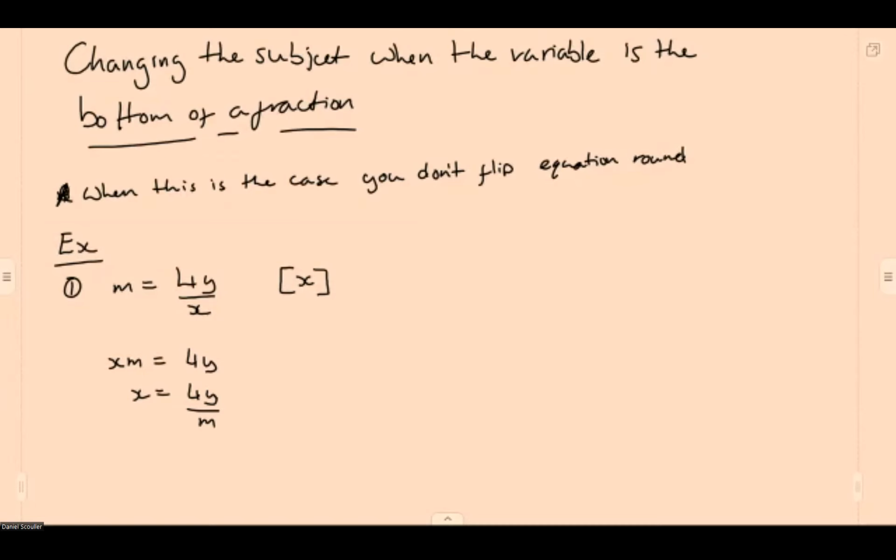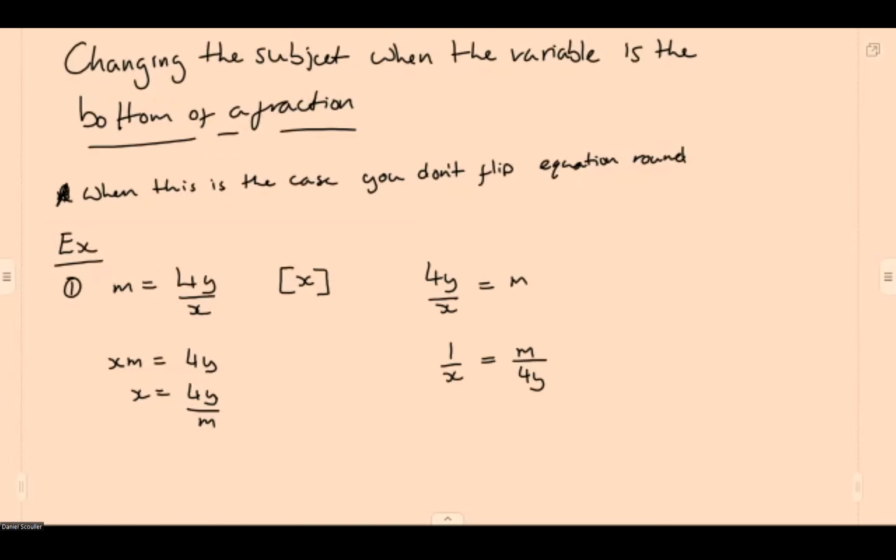We don't write this, but if we flip that side, and we try to move that 4y and leave the x isolated, we'd have to leave 1 over x, because we'd have to leave something above that.